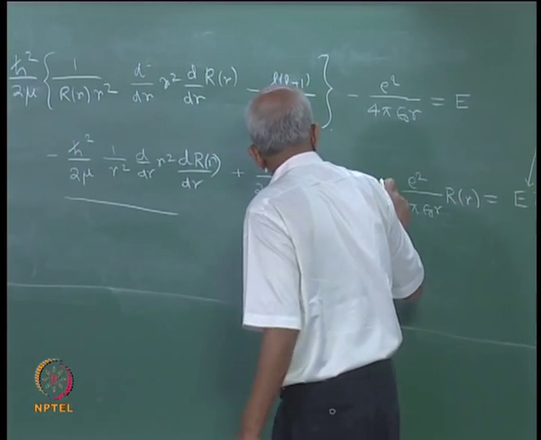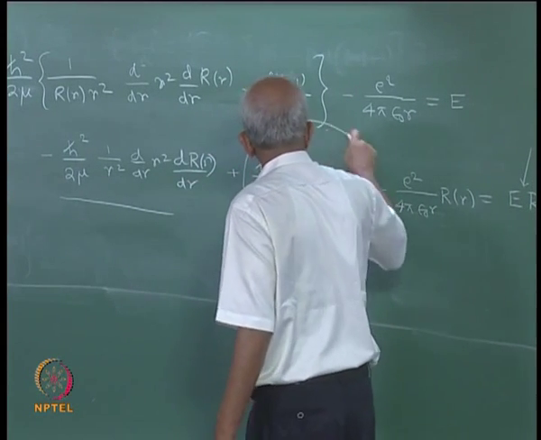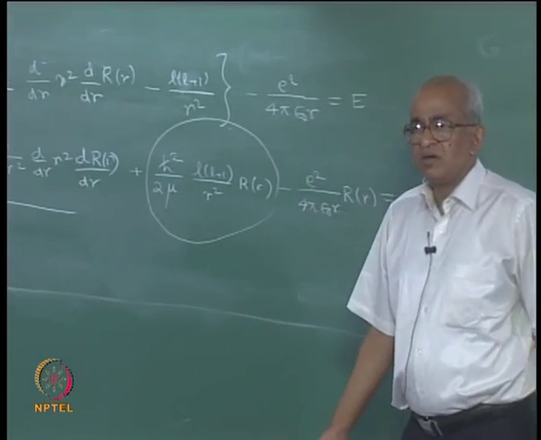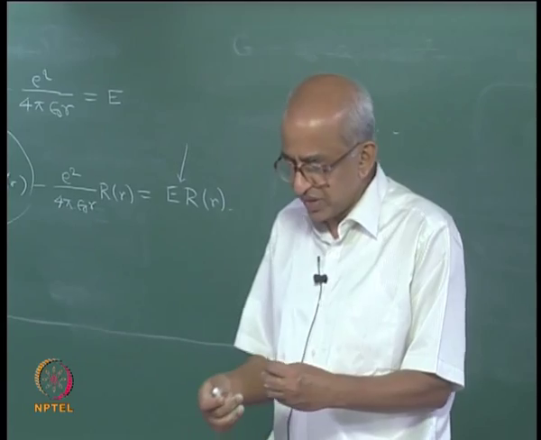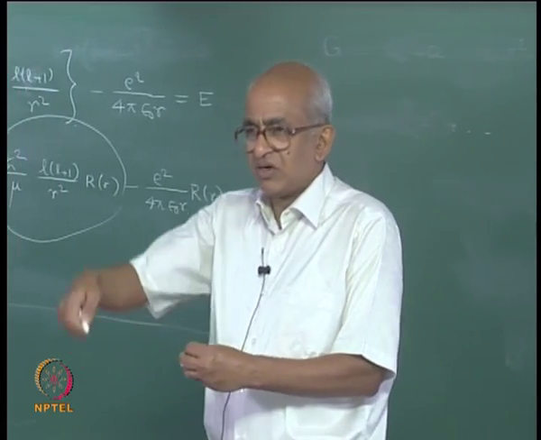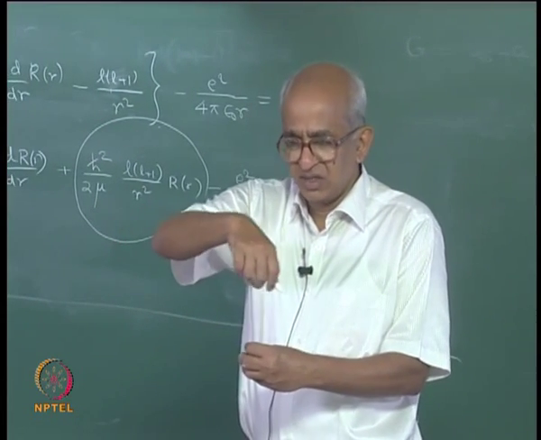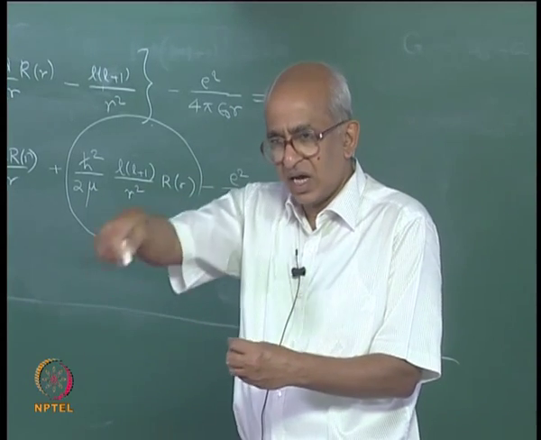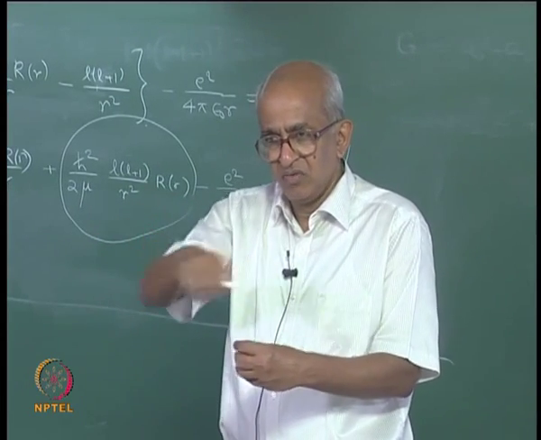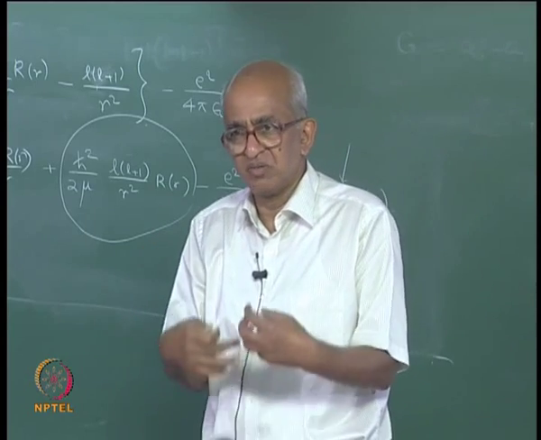But now we have an additional term here. What is this term? You look at the term. See, what is happening is that the electron is moving around the nucleus, and therefore it has not just radial motion, it also has angular motion. We have got rid of angular motion, but what has happened?